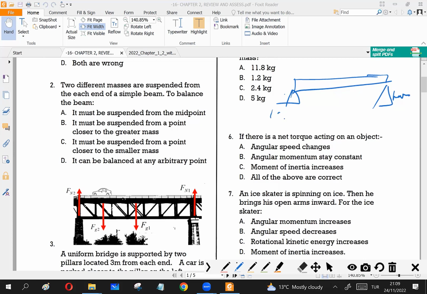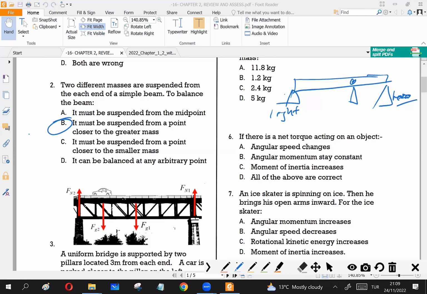If this is the light side and this is the heavy side, then the center of gravity is going to be closer to the heavier side. That's why you should support this balance from a point which is closer to the greater mass. It must be suspended from a point closer to the greater mass, then you can balance this simple beam.